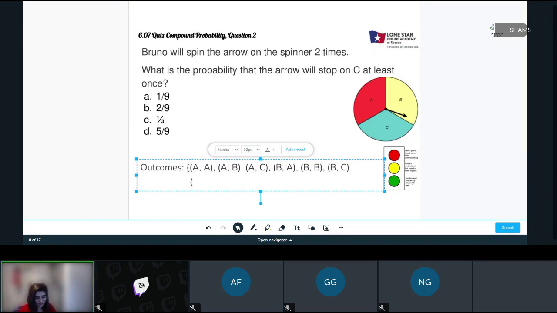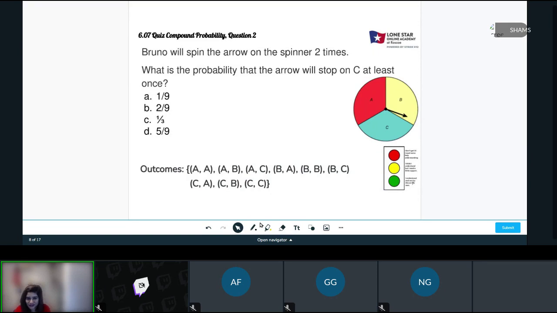Then first spin might be C, second spin might be A; first spin C, second B; first spin C, second spin also C, one of the rare possibilities. We got all our outcomes, right?